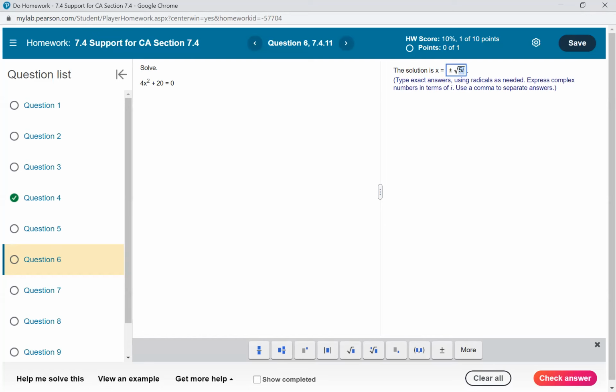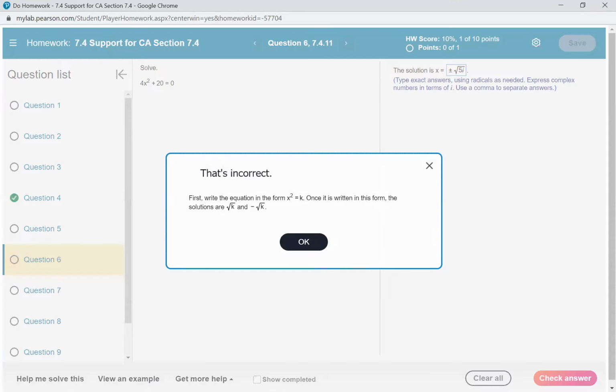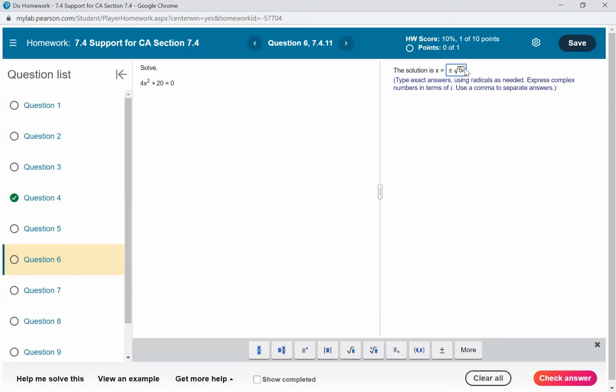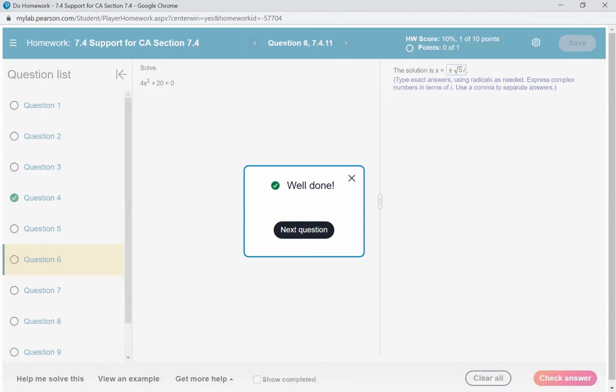If I put the i underneath and I check that answer, it's going to mark me wrong. So come back up here, go back underneath, and then delete that i, go outside the radical, and put your i. If you're outside the radical with the i, then it'll take that answer.